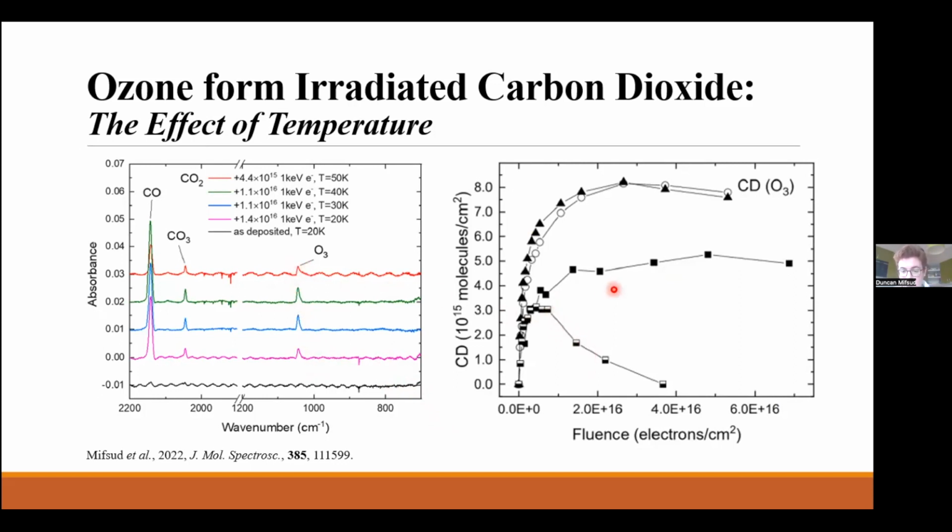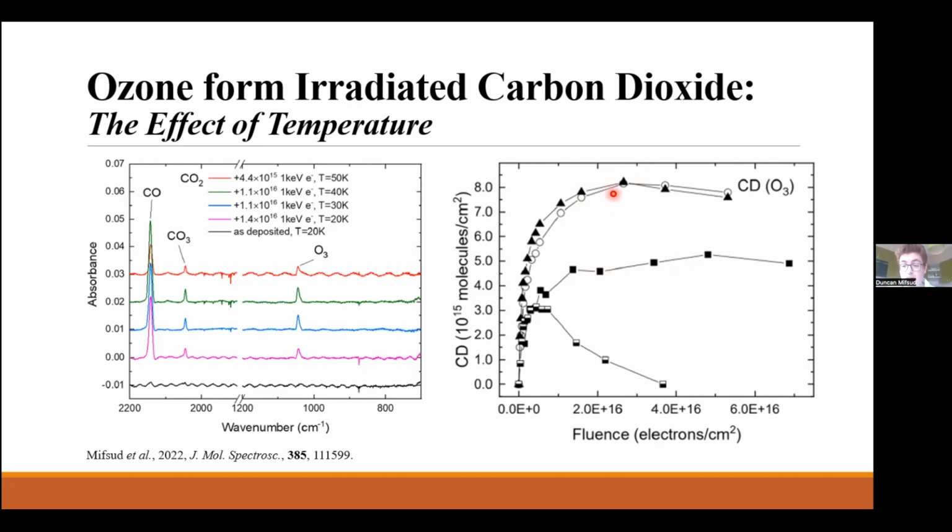However, if we look at this plot on the right-hand side, this is a plot of the column density, which is a spectroscopic identifier for abundance, against electron fluence as a function of temperature. So these black squares represent the irradiation process at 20 Kelvin. And what we noticed was that when we raised the irradiation temperature to 30 and 40 Kelvin, the amount of ozone within our ice actually increased rather than decreased, as we would have expected from the oxygen results.